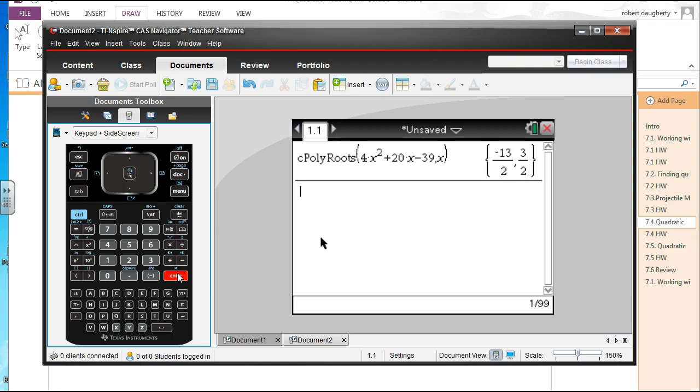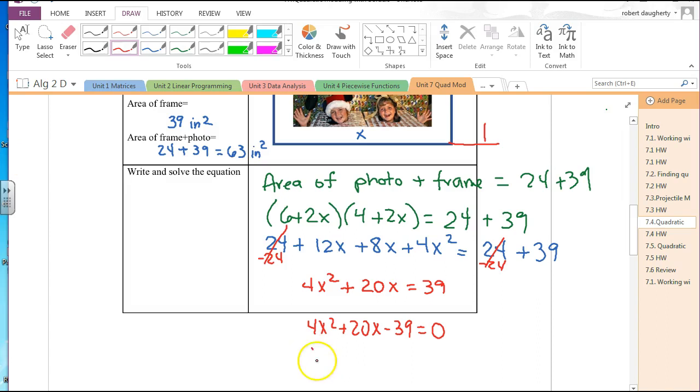Now what does x represent? The width of the frame. Which of these makes sense? Right. It doesn't make sense to have the width of a frame being negative 13 halves. It makes sense for the width of that frame to be 3 halves, okay? So according to this, x is going to be 3 halves.